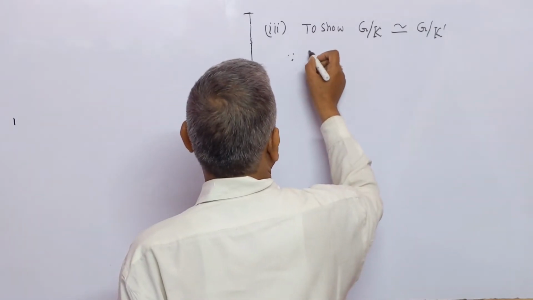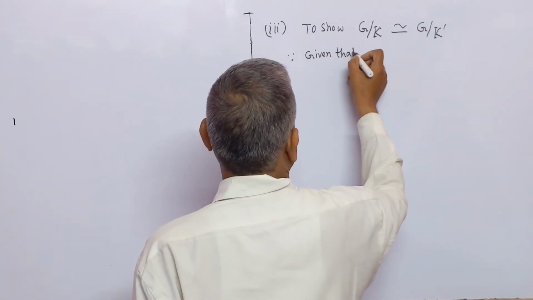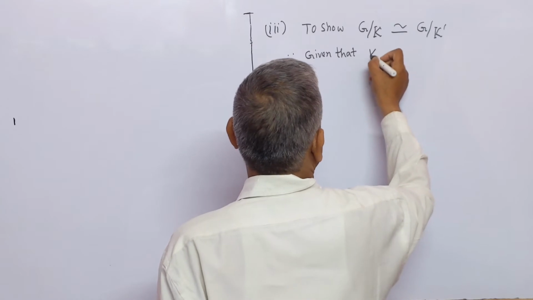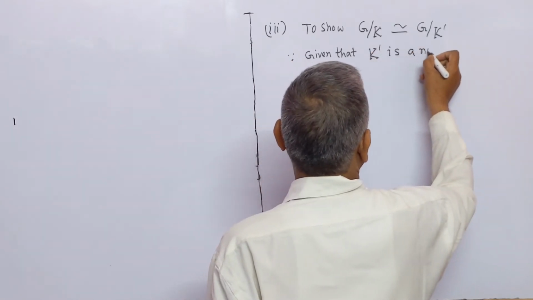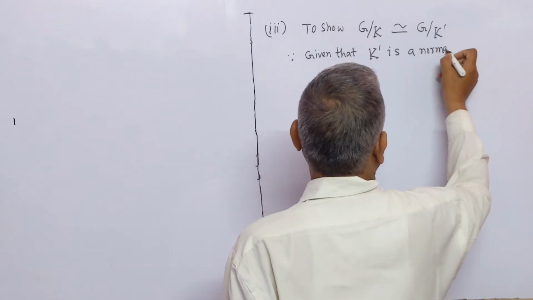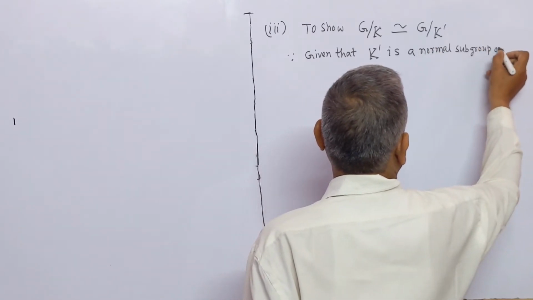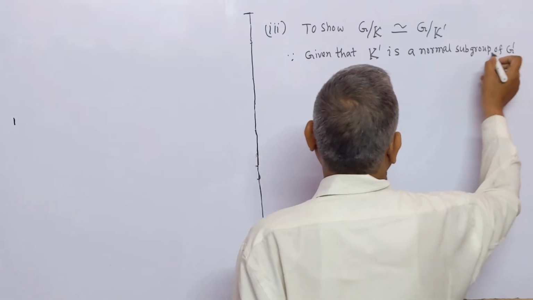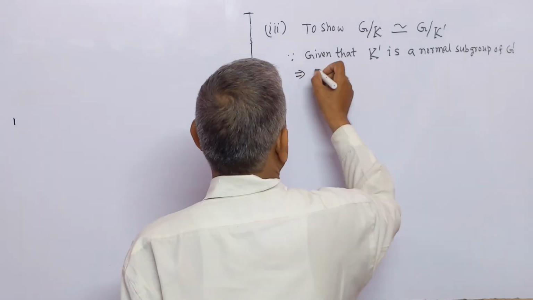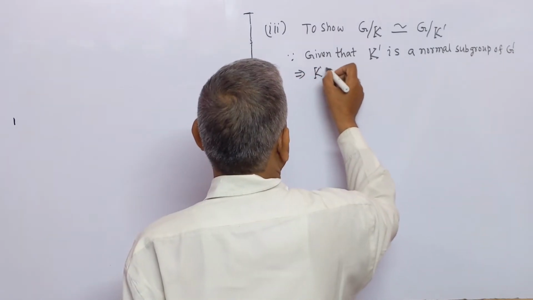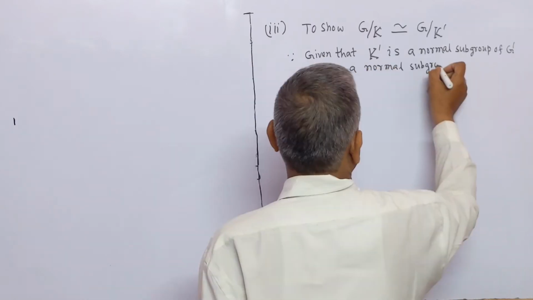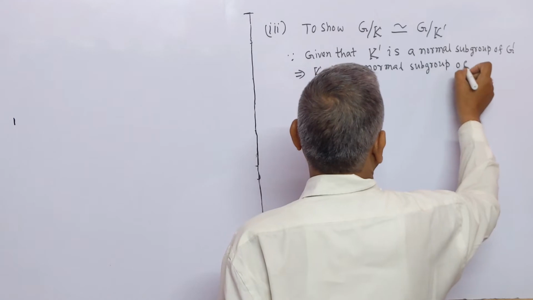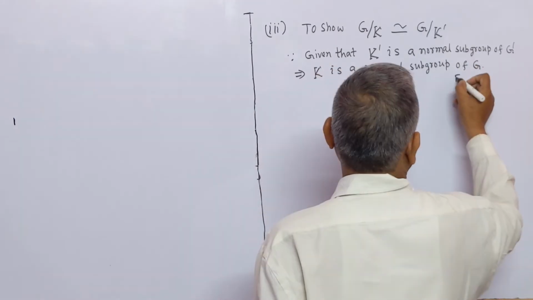Since given that K' is a normal subgroup of G', implies that K is a normal subgroup of G from 2.